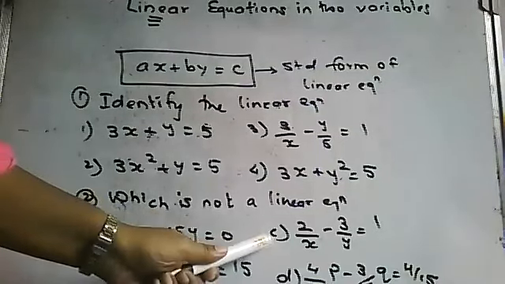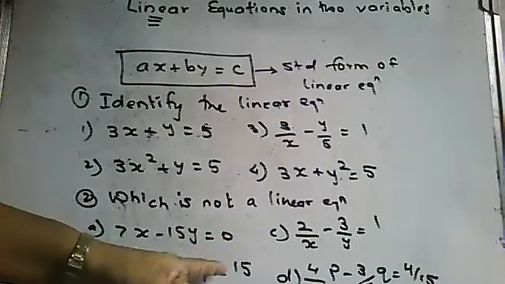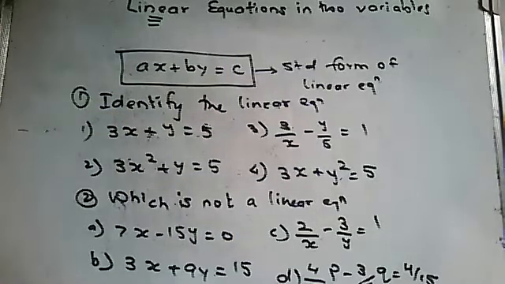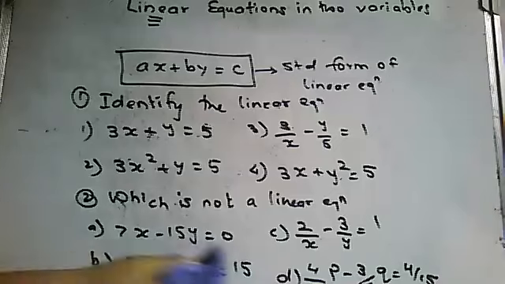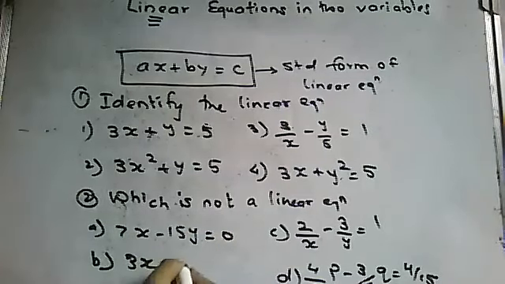The answer will be C, because your x and y are the normal variables, and a 0 is fine. For a, b, c, any of them can be 0. Like if I have taken 3x is equal to 50, still it is a linear equation.